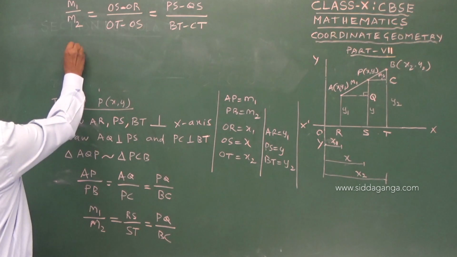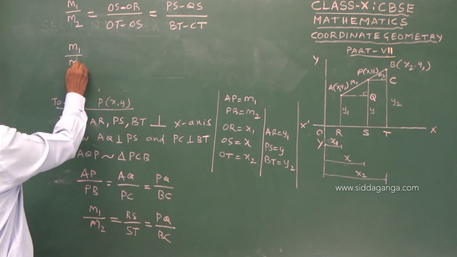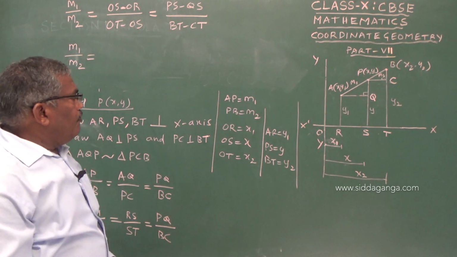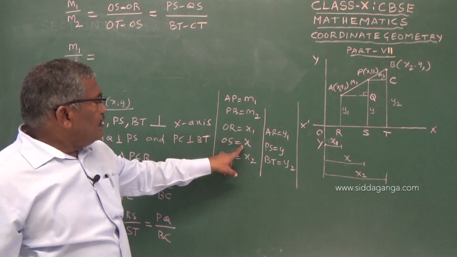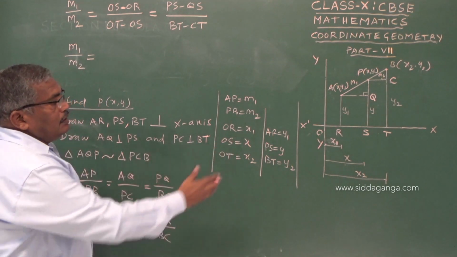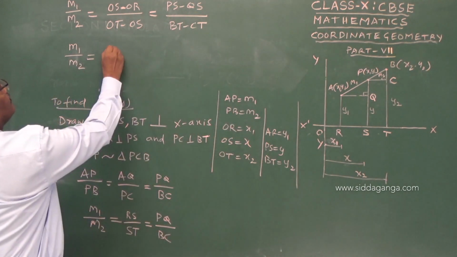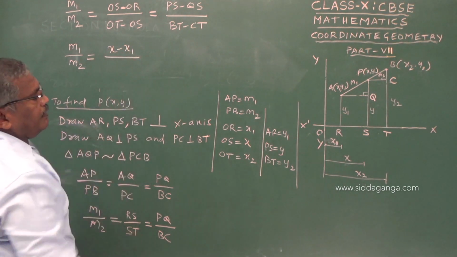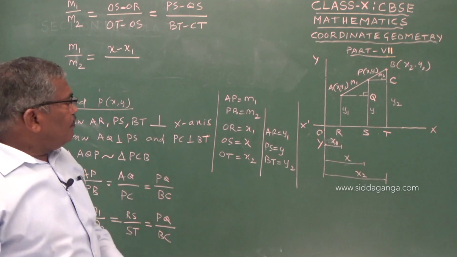So M1 by M2 equals OS minus OR. Now we can write OS is X, OR is X1, either from the graph you take X minus X1, divided by OT minus OS.